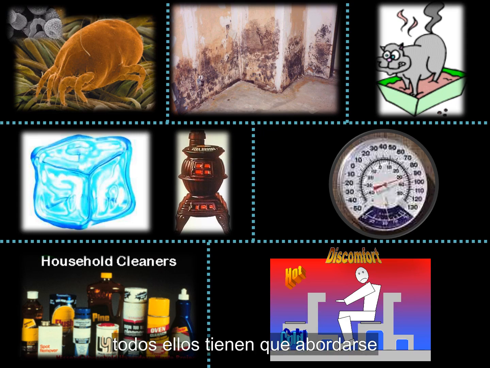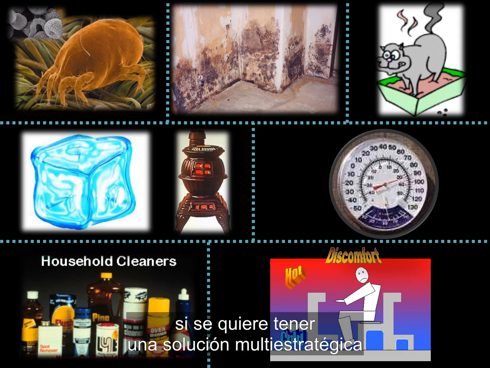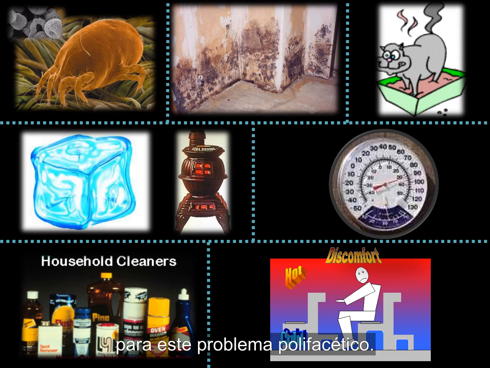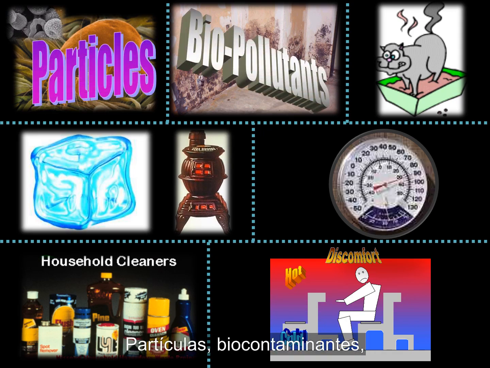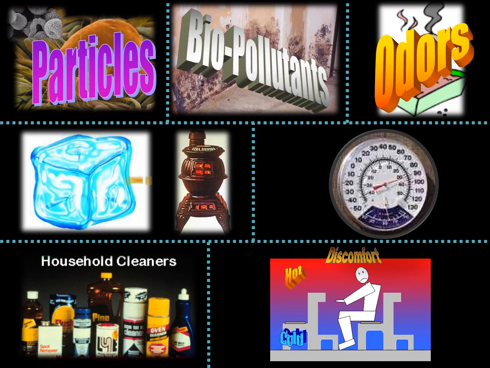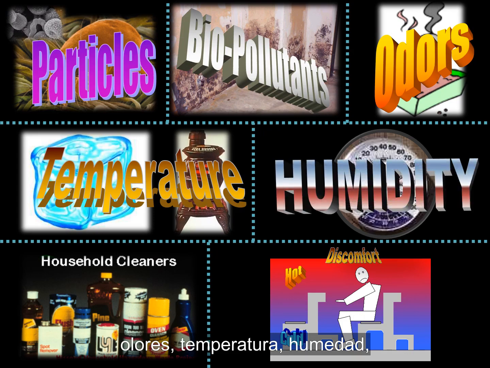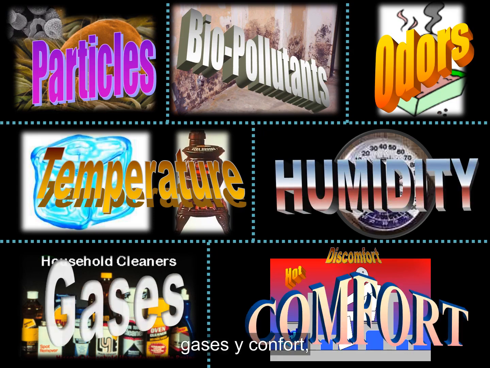All of these have to be addressed if you're going to have a multi-strategic solution to this multifaceted problem. Particles, biopollutants, odors, temperature, humidity, gases, and comfort. You need to address all of them.